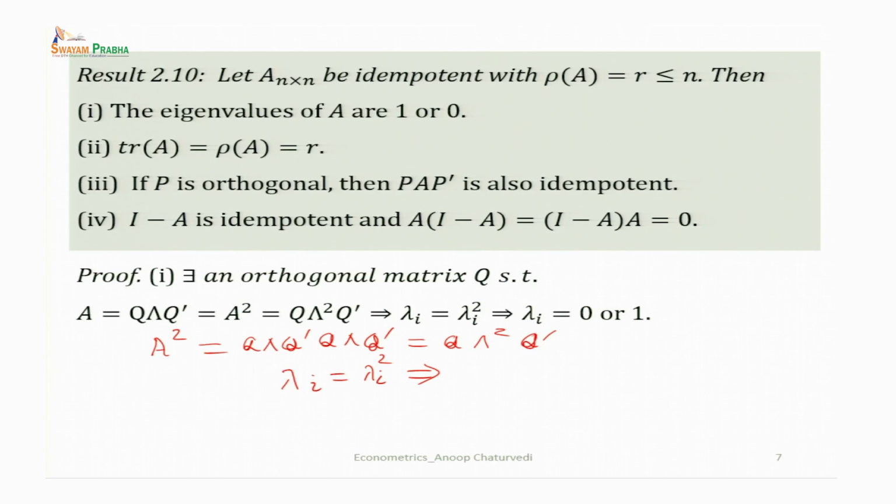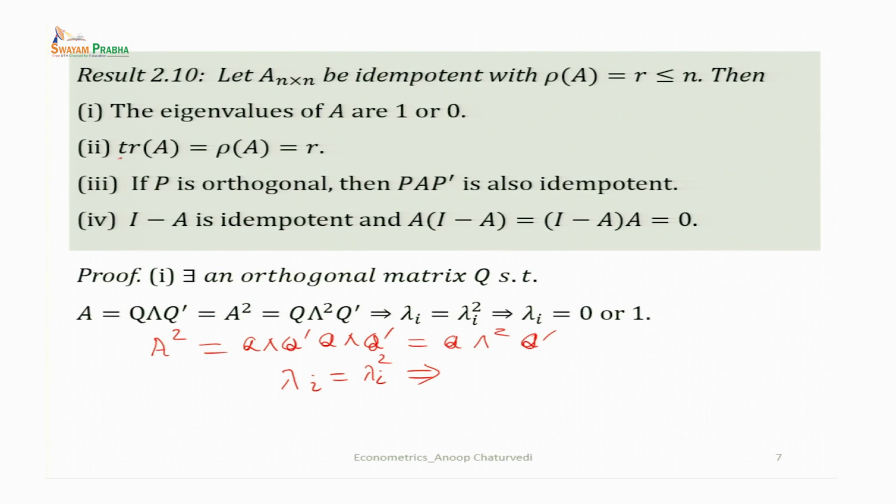Then you also know that if rank of A is equal to r, then r eigenvalues of A are non-zero and n minus r eigenvalues are equal to 0, and those r non-zero eigenvalues are 1.